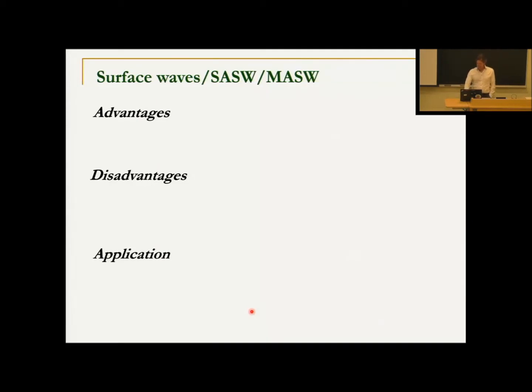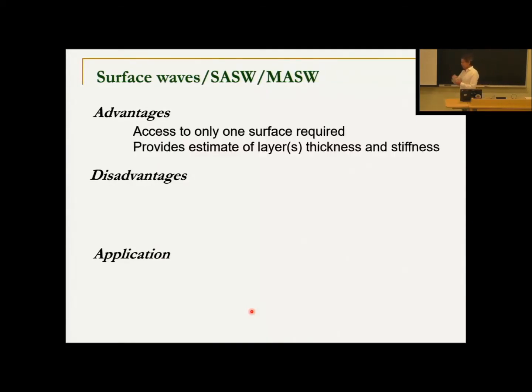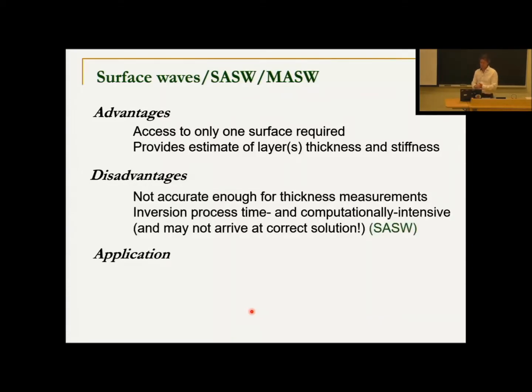So surface waves have some advantages. They're applied from only one surface. That's always good. And you can provide estimates of layer thicknesses using MASW inversion or SASW inversion, and general stiffnesses. And as I showed, you can also infer from the scatter areas of near surface damage. However, this SASW and MASW approach is not very accurate for thickness estimates. It's an inversion, so there are some inaccuracies.